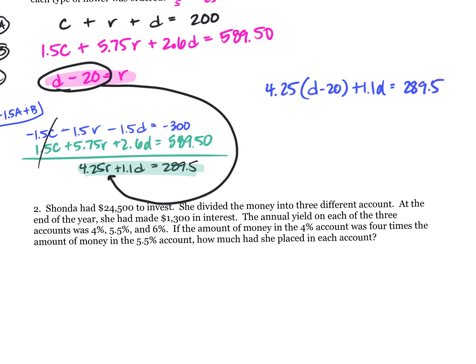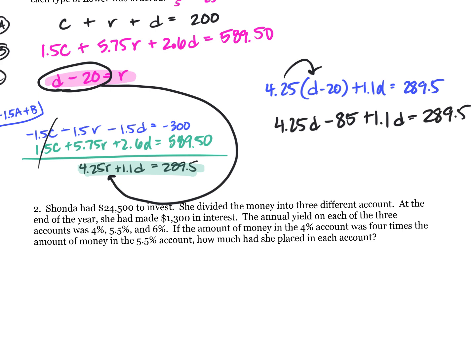Okay, you guys, use those calcies. 4.25 times D, 4.25D, minus what do you got? 85. Plus 1.1D equals 289.5.